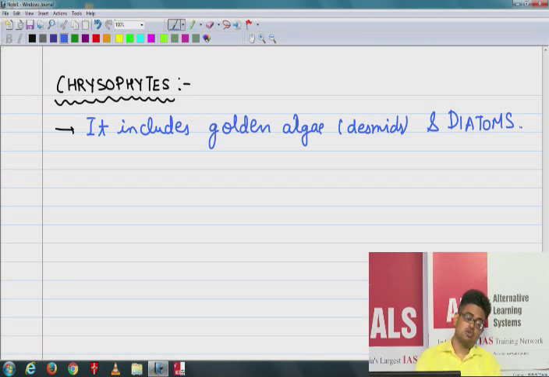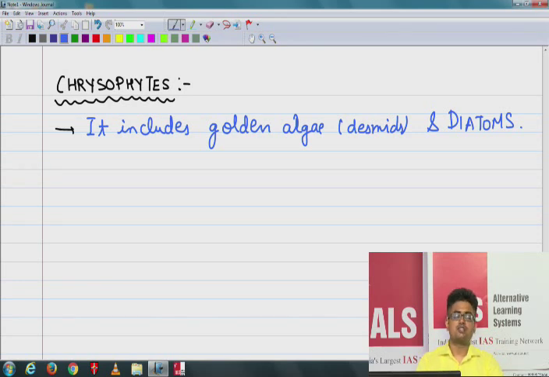The most common questions related to diatoms are, first, their cell wall, the silica and the uses of the cell wall of diatoms. Next question is, what organisms are most responsible for photosynthesis in oceans? The answer is diatoms.